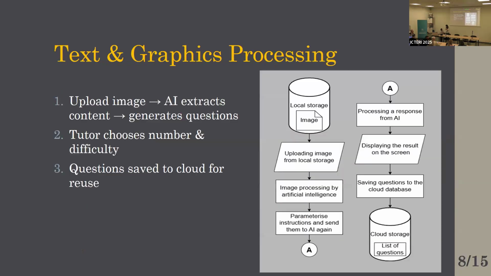Next. Text and graphic processing consist of several stages where the tutor uploads an image, the AI extracts content, separately text, for instance, or separately images, and generates variants of questions.